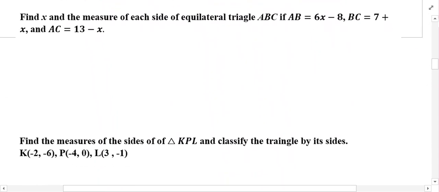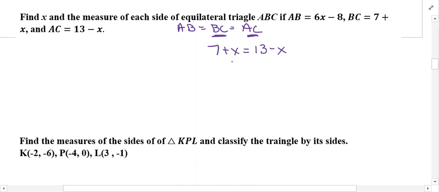Find x and the measure of each side of an equilateral triangle, which means that all the sides are equal to each other. So AB will equal BC will equal AC. I'm going to pick BC and AC and set them equal. BC is 7 plus x. AC is 13 minus x.